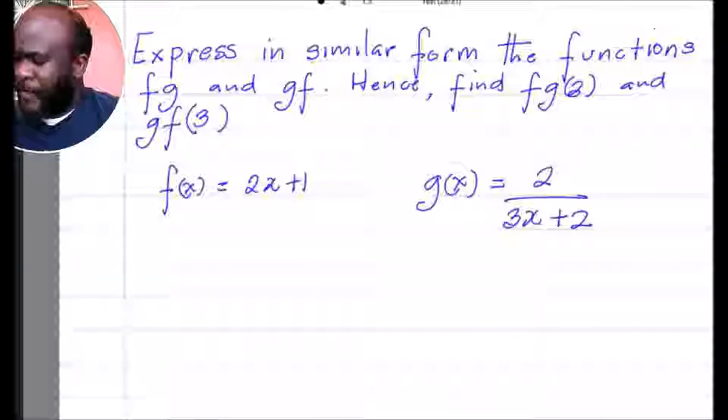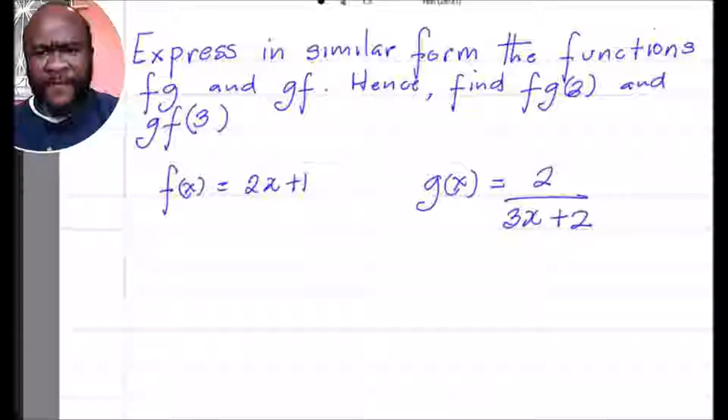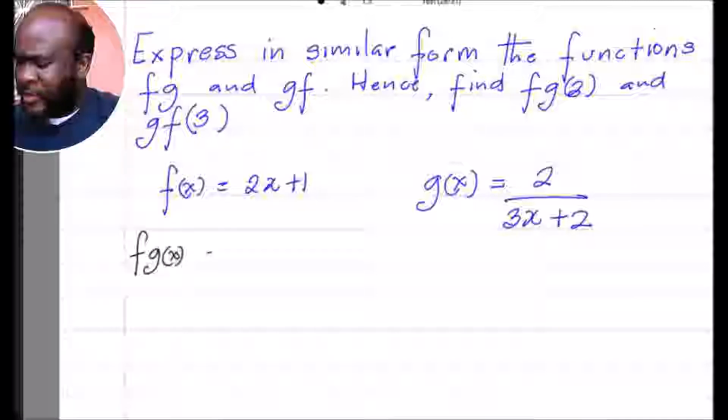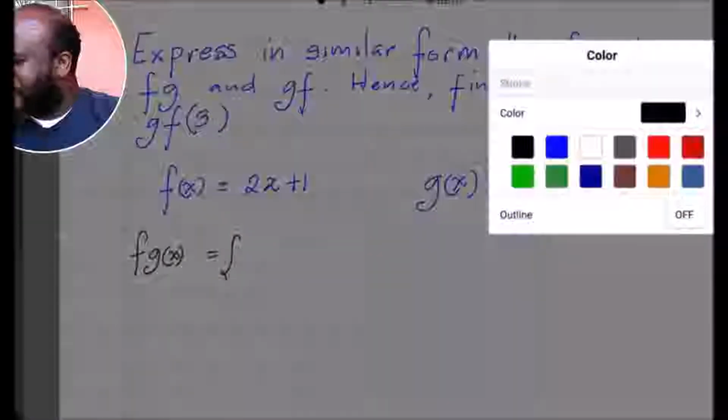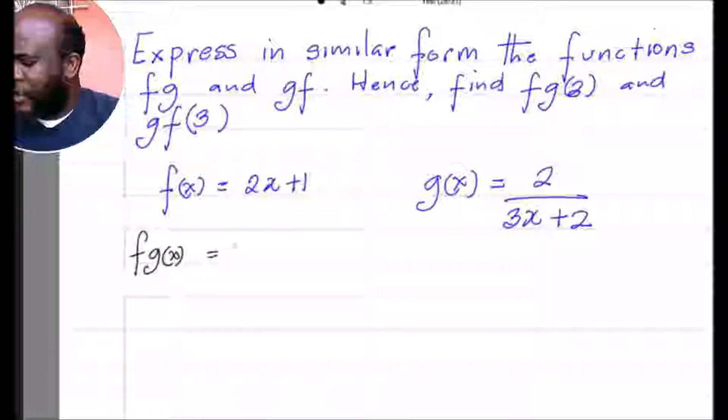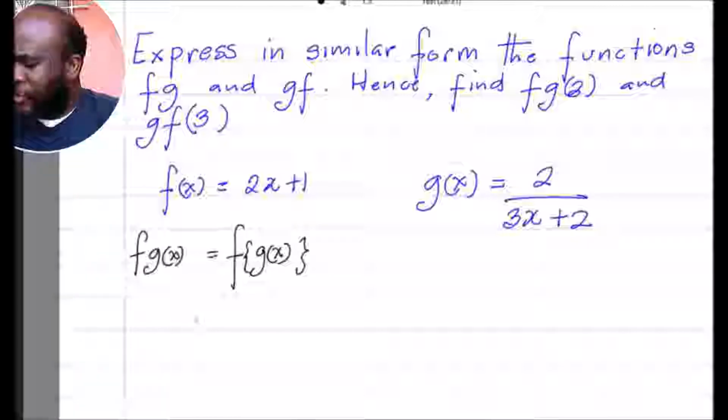Now, f of g of x. All right, in f, wherever I see x, I'm going to take out x and put g of x. All right. So in f, we have what? 2x plus 1.